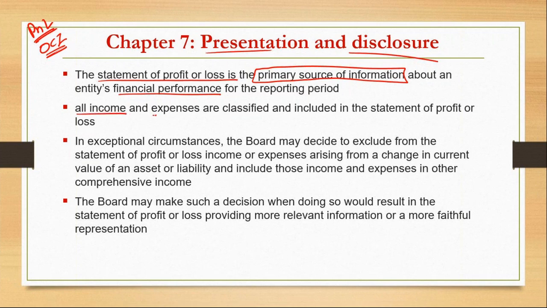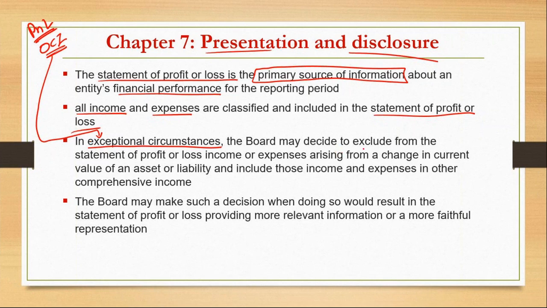Therefore, all income and expenses should be classified in the P&L. The new framework is saying you should take everything in P&L other than some exceptional circumstances. So we say things taken to OCI are the exceptional circumstances. They are not normal circumstances. Normally, everything should be taken to the P&L.